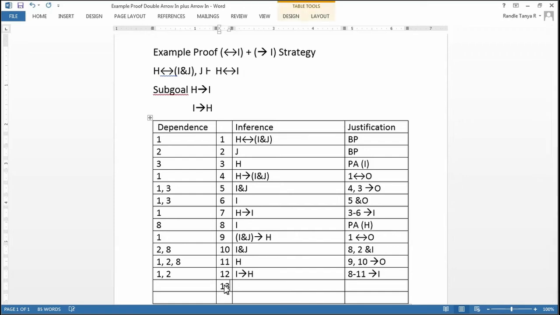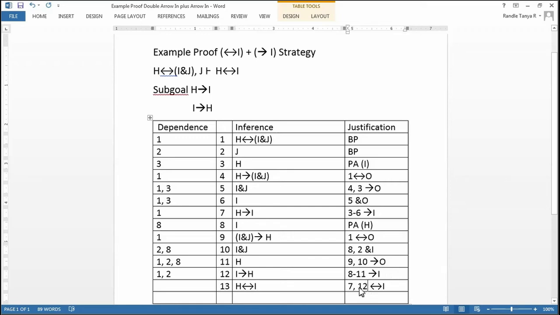So on line 13, I can now get my conclusion, H double arrow I, and this is from line 7 and line 12, double arrow in, right? Because line 7 contains one of the corresponding conditionals and line 12 contains the other corresponding conditional. I can infer the biconditional.